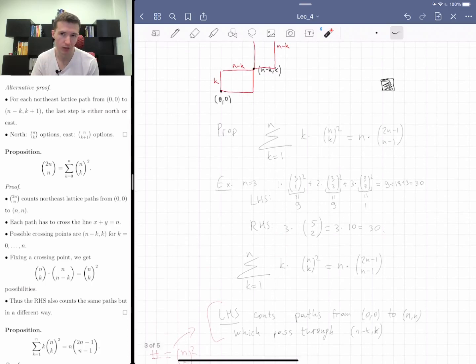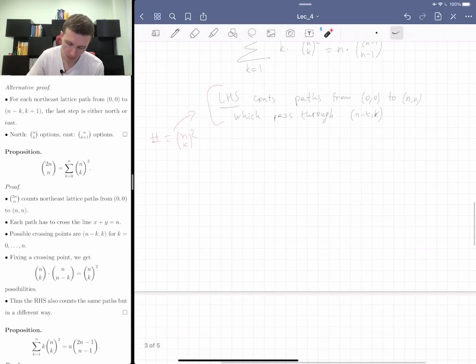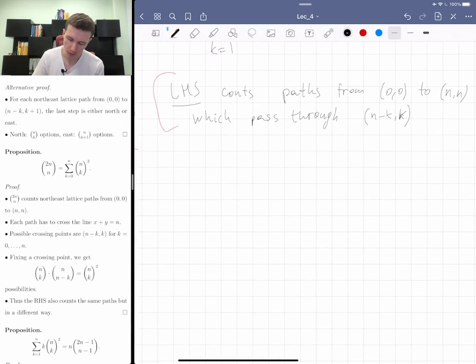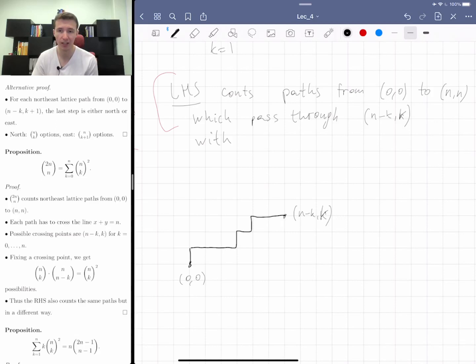So a nice way to formulate it is the following. Paths which pass through n minus k comma k, so there's going to be 0, 0, and there's going to be the point n minus k comma k, and there's going to be exactly k vertical steps.